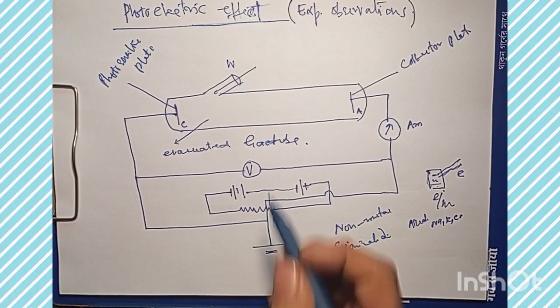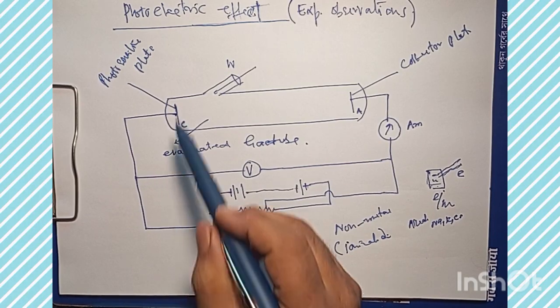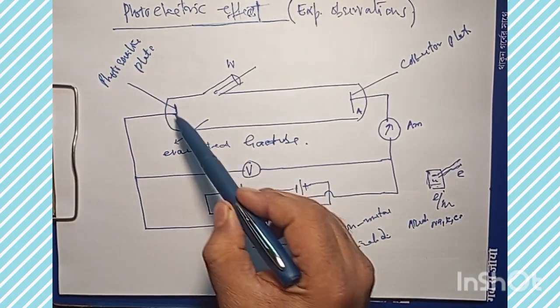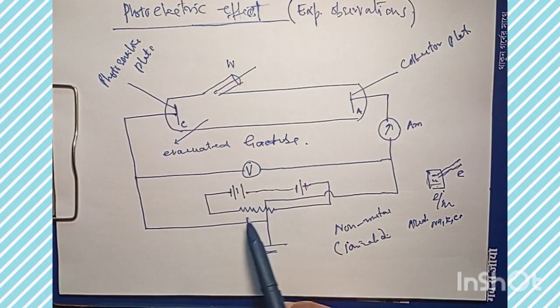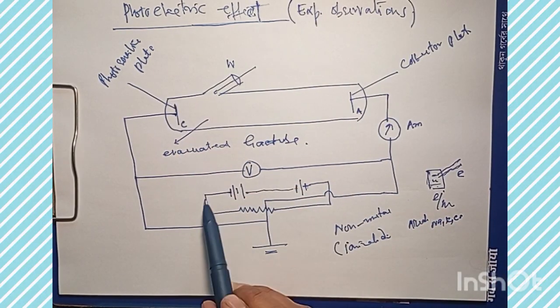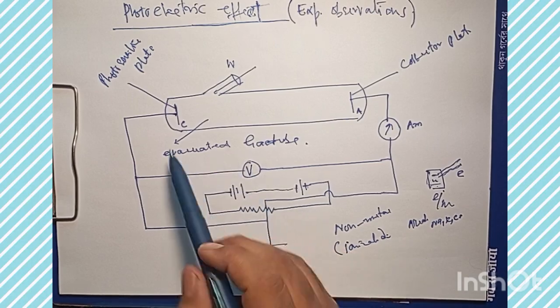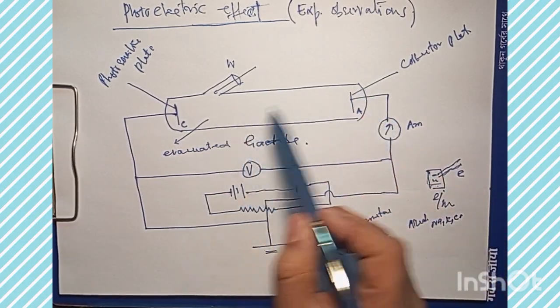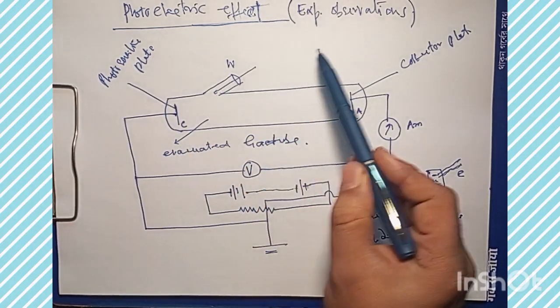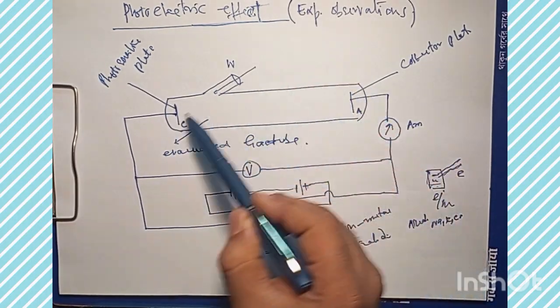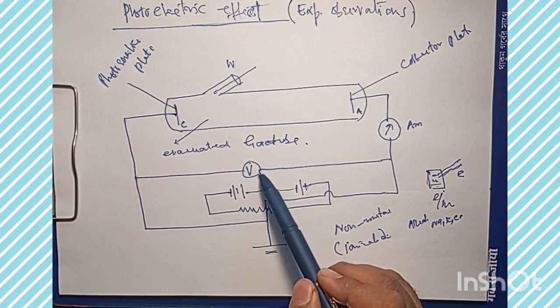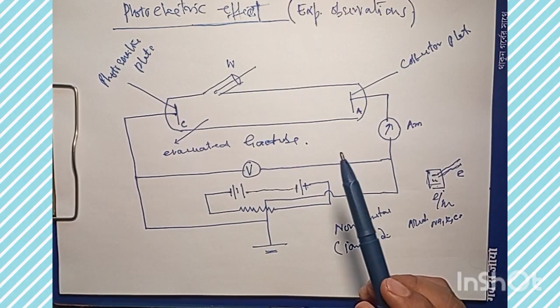So this is the experimental setup. We have an evacuated tube. We have a photosensitive plate. This is an interchangeable high tension battery where we can change the polarity. And here we have the collector of the electrons that are emitted. We have some light falling on this photosensitive metal, and we can measure the voltage and we can measure the current.